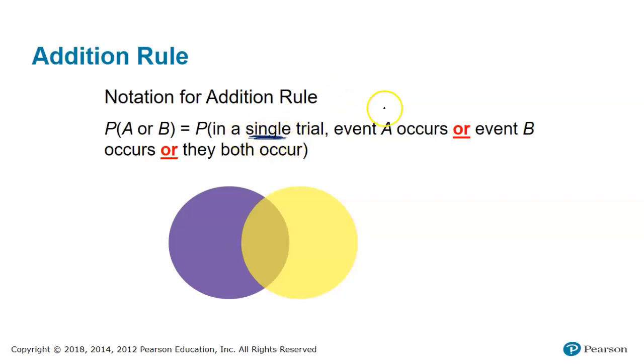So in a single trial, event A occurs or event B occurs or they both occur. So basically, if this is A and this is B, then this overlap here is where they're both occurring. So when we're finding the probability of A or B, we're finding the probability of all of this combined together here.